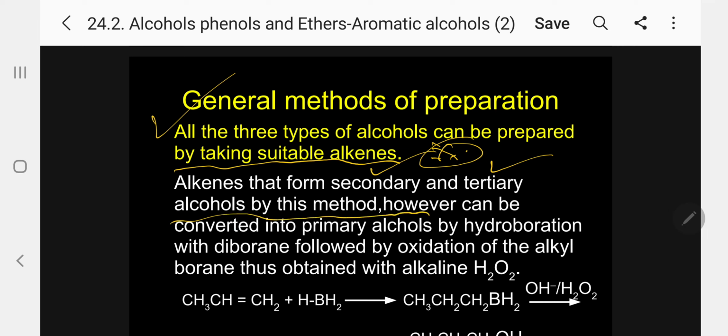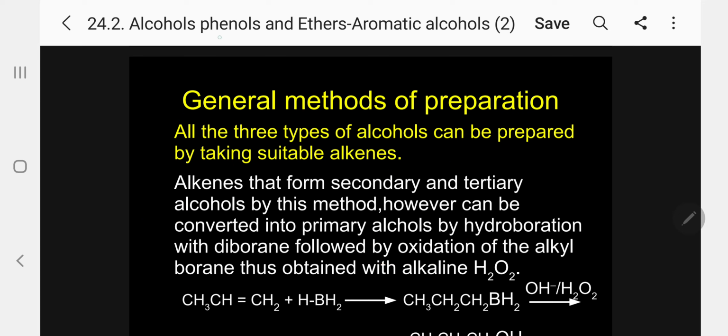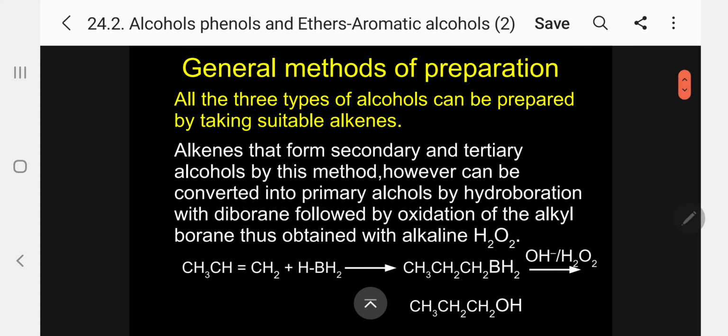This is the most important technique: hydroboration, by treating with borane, diborane, followed by oxidation of the alkyl borane thus obtained with alkaline hydrogen peroxide. Kindly follow. This is the most important.